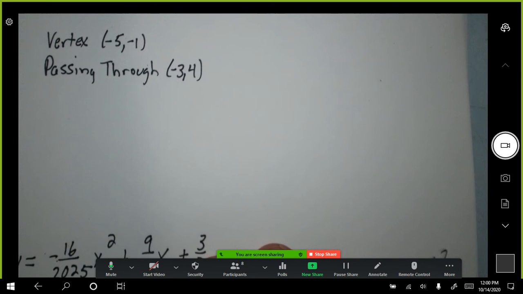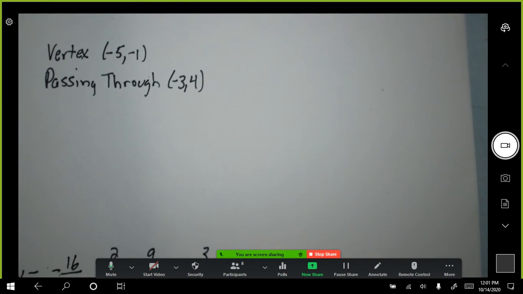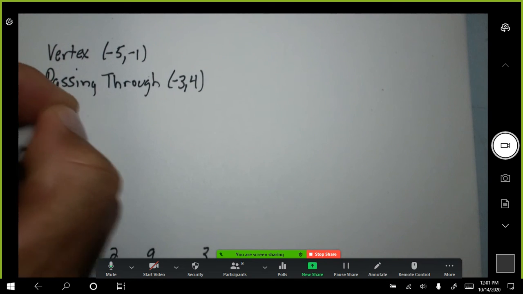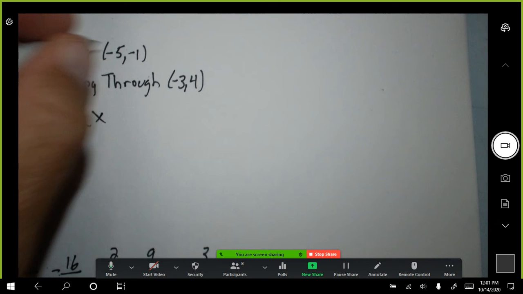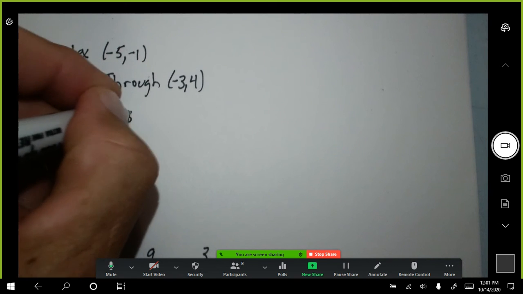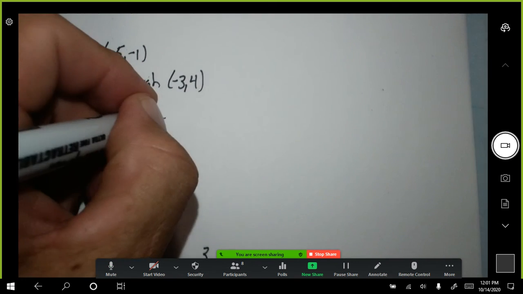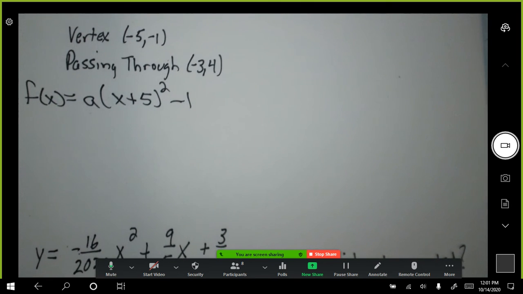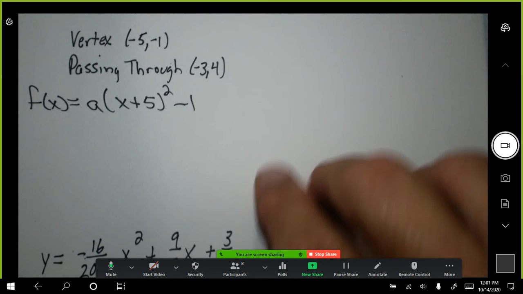All right. Same thing here. We have a vertex of negative 5, negative 1. So what I can gather from the vertex is I know it is a(x minus h), so that's going to be a(x plus 5) squared minus 1. Now to find the a value, I'm going to use the point that it's passing through.